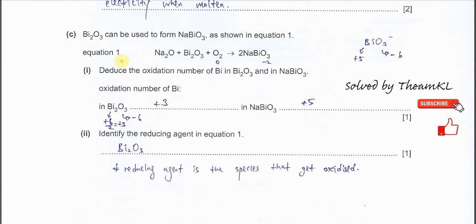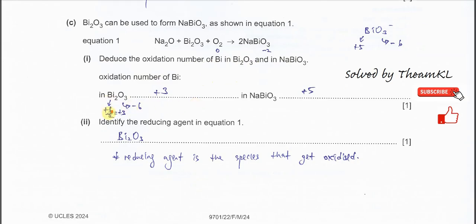Part C. Bismuth oxide can be used to form this NaBiO3. So this is another compound, and this is the equation. Part 1. Deduce the oxidation number of the bismuth inside this bismuth oxide and this compound.